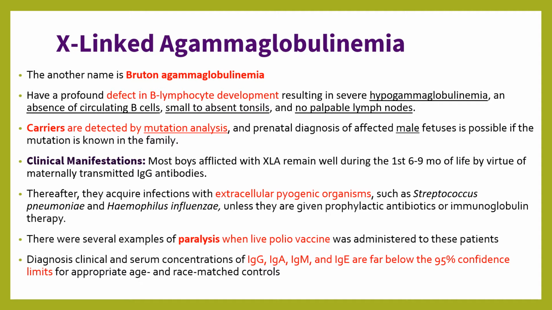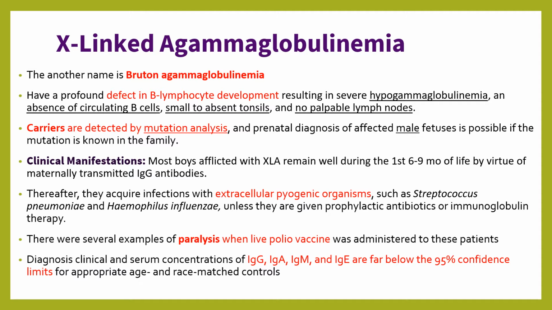Because they received the IgG antibodies from their mother during pregnancy. Thereafter, they acquire infections with extracellular pyogenic organisms such as Streptococcus pneumoniae and Haemophilus influenzae, unless they are given prophylactic antibiotics or immunoglobulin therapy. Okay.